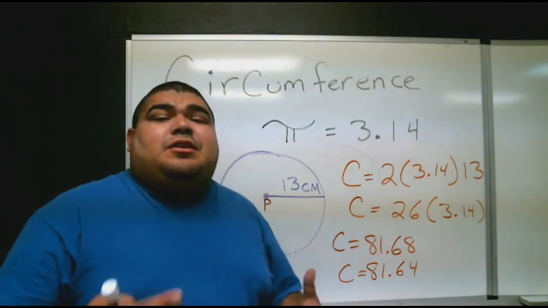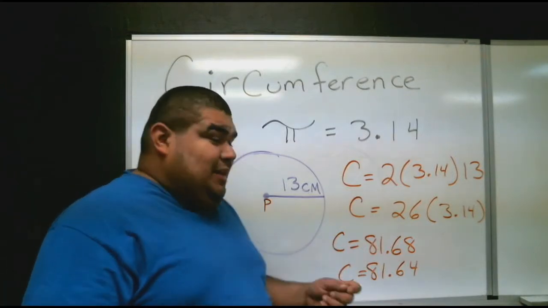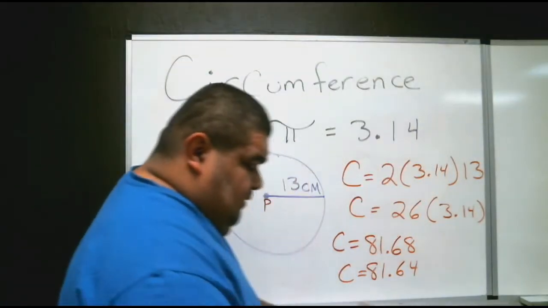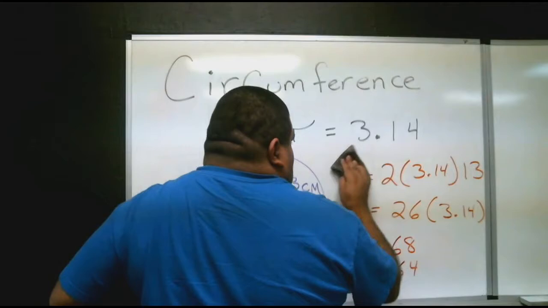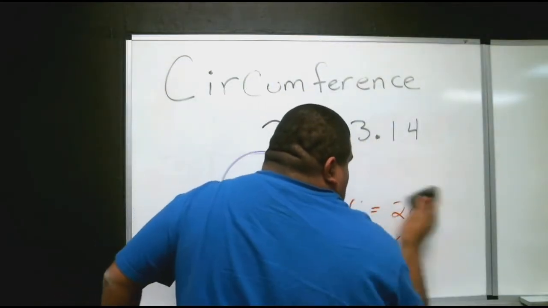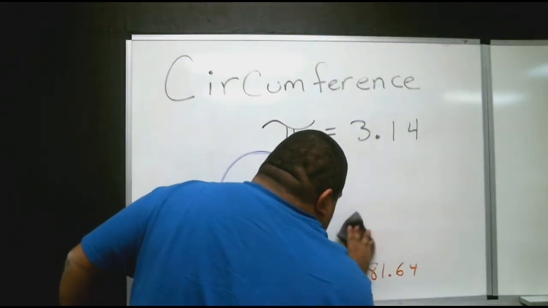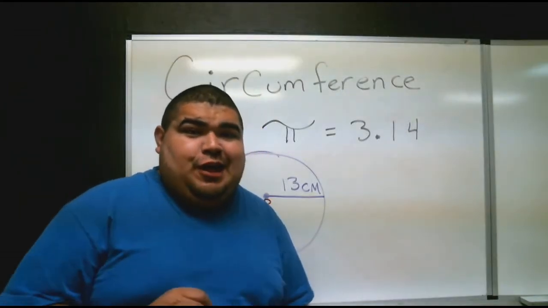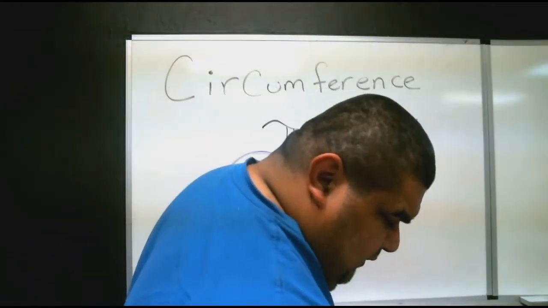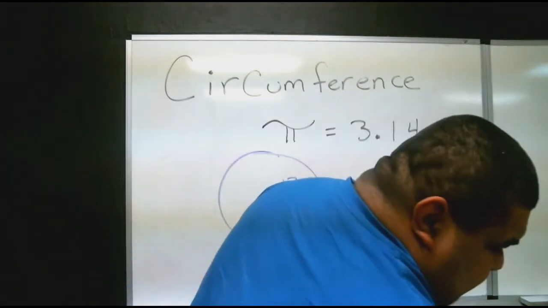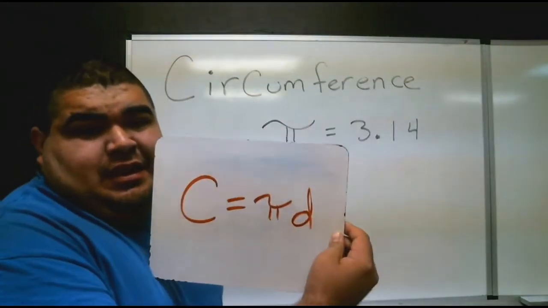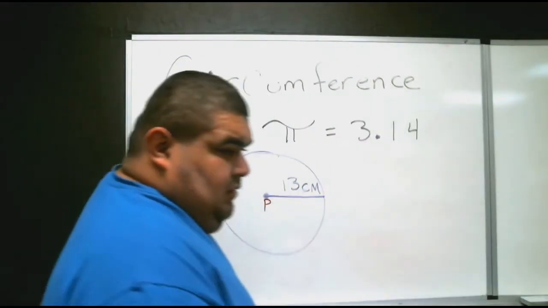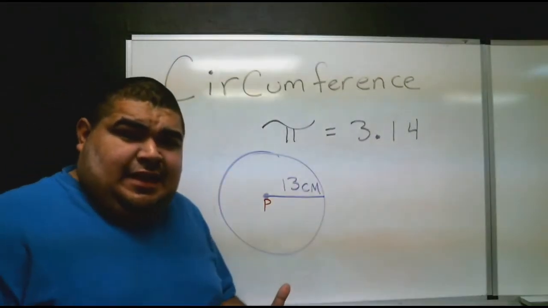Now we're going to use the other equation. We're still going to keep the same problem. Remember, everything I write on the board, make sure you write it down, okay? Now we're going to use our other equation: C equals pi times diameter. You might ask yourself, how do we find that diameter?